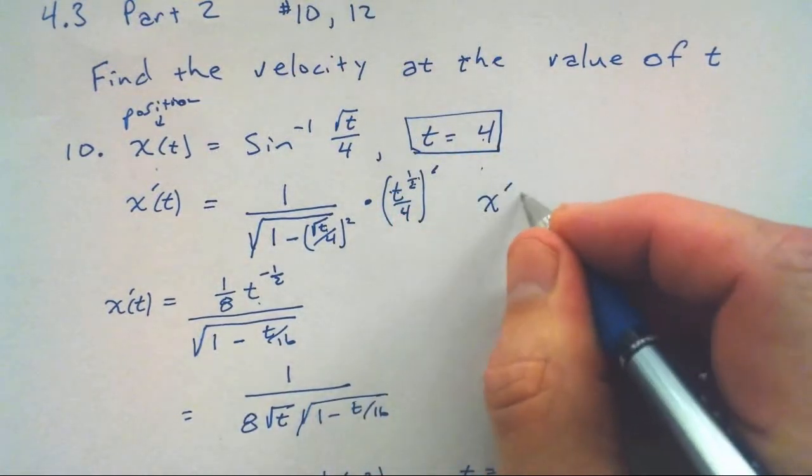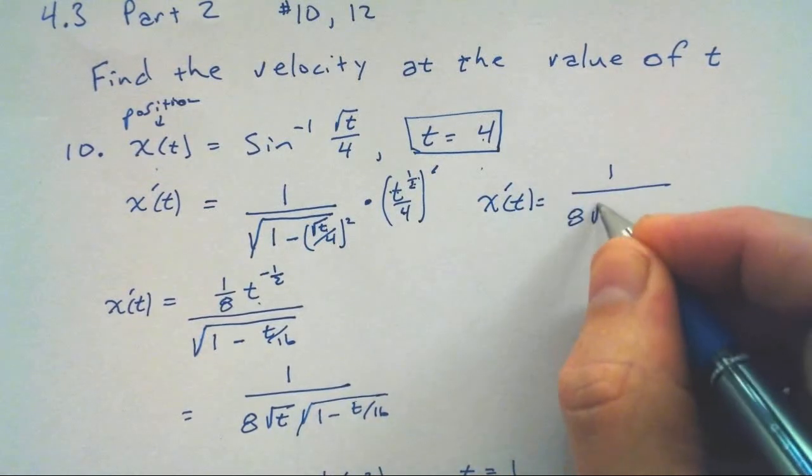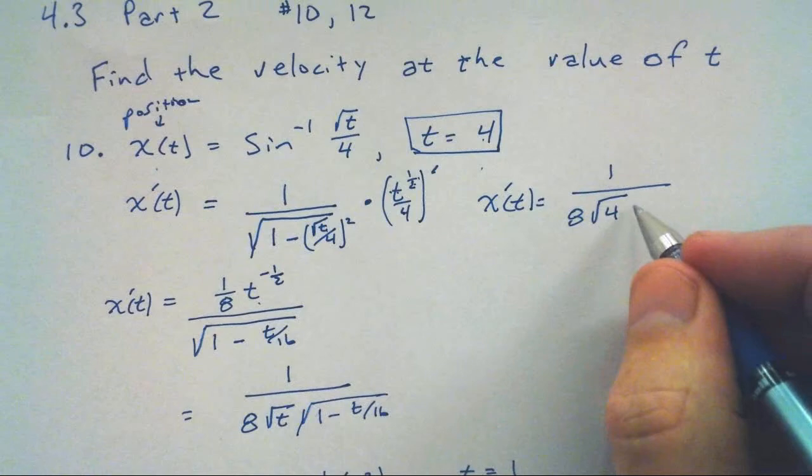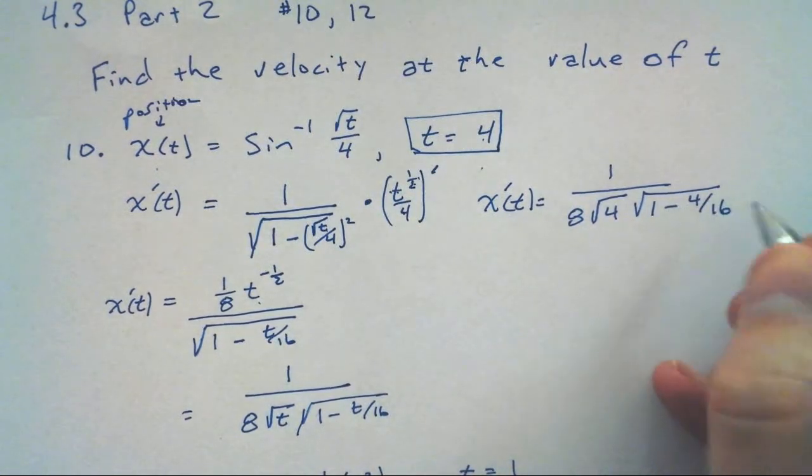So x prime of t is 1 on 8 root 4 times root 1 minus 4/16.